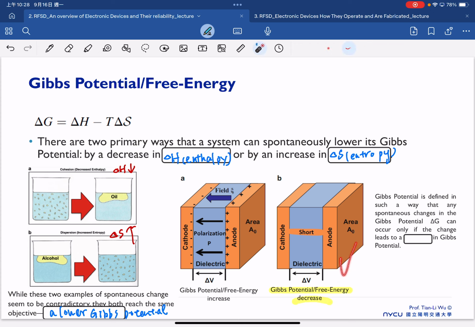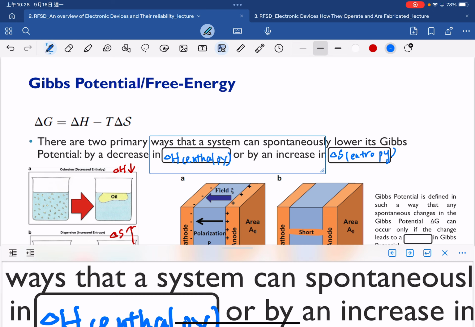This is the case the system prefers, because in the end it can reach thermodynamic equilibrium. So Gibbs potential is defined in such a way that any spontaneous change in the Gibbs potential, delta G, can occur only if the change leads to a reduction. That's crucial.